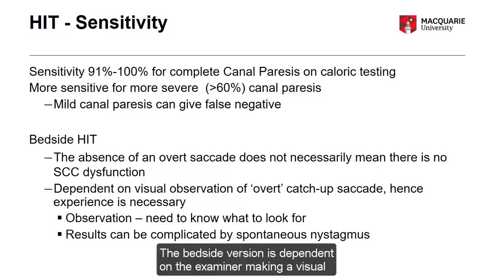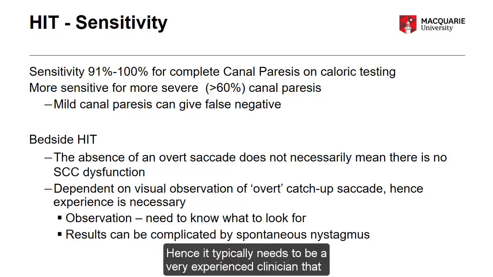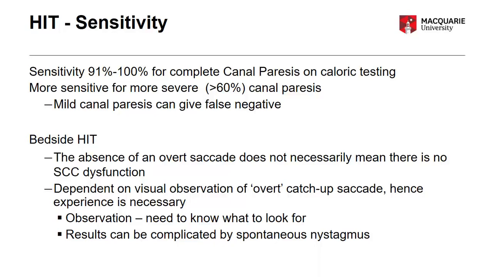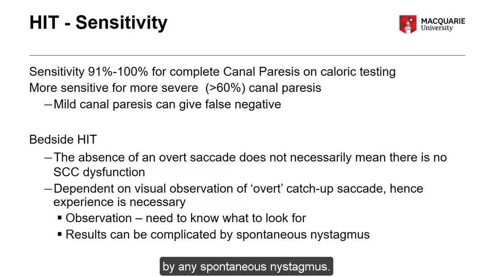The bedside version is dependent on the examiner making a visual observation of the catch-up saccade, which we call an overt catch-up saccade. Hence, it typically needs to be a very experienced clinician that is very familiar with these types of eye movements. When you're making these observations, you need to know what you're looking for, otherwise you can't accurately interpret the tests. We also need to keep in mind that results can be complicated by any spontaneous nystagmus.